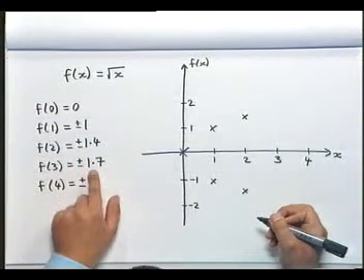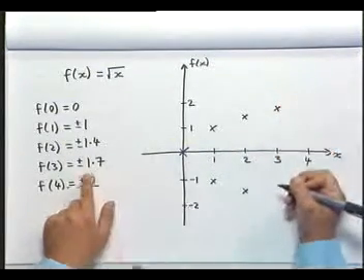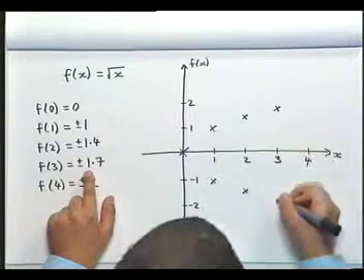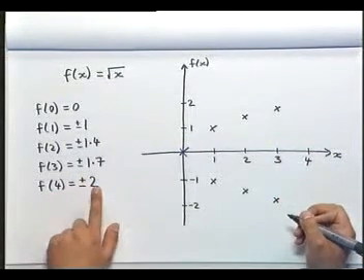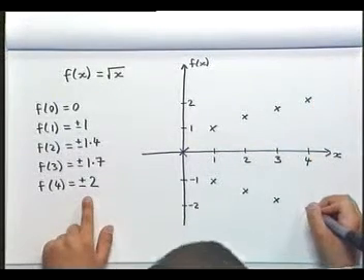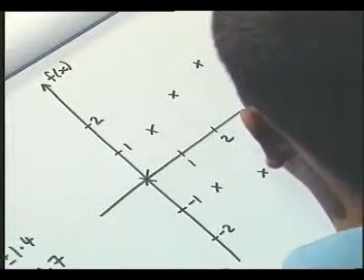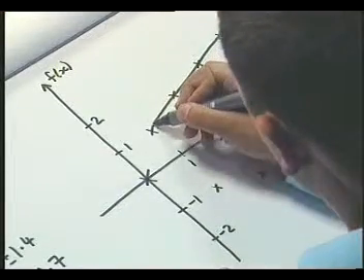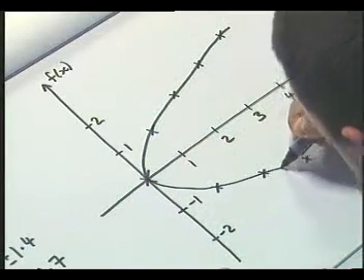We've got 3 and +1.7, and 3 and -1.7. And finally we have 4 and +2, and 4 and -2. Okay, and we've got enough points here that we can draw a smooth curve through these points, to get something that looks like this.